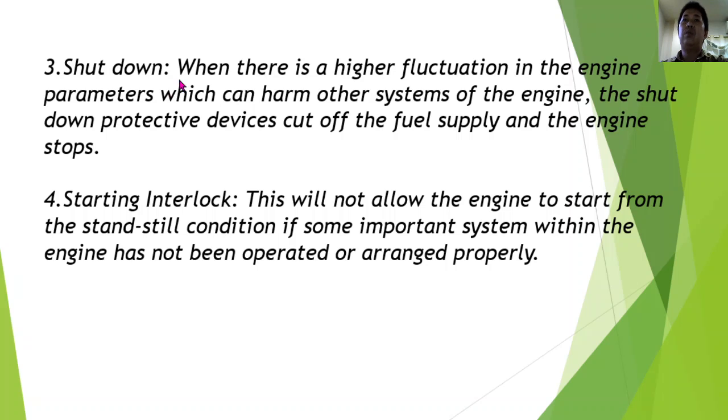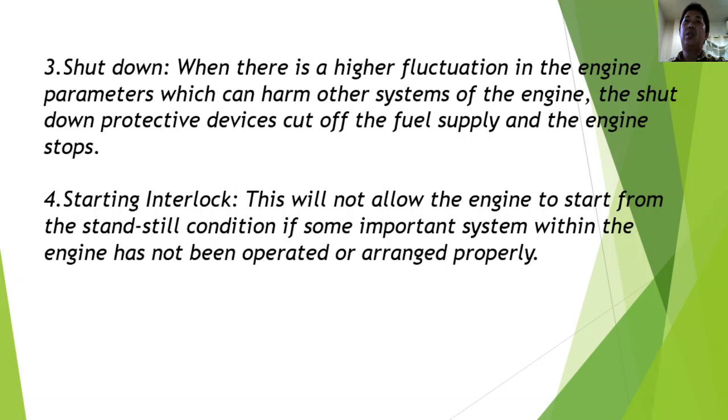Next, we have shutdown. When there is a higher fluctuation in the engine parameters, which can harm other systems of the engine, the shutdown protective device cuts off the fuel supply and the engine stops. For example, a sudden higher fluctuation in the engine parameters, like low lube oil pressure.